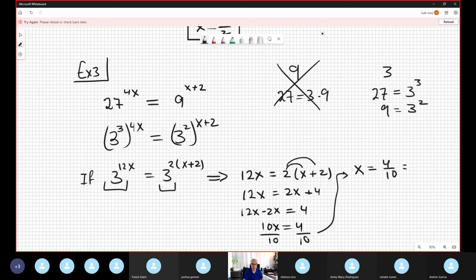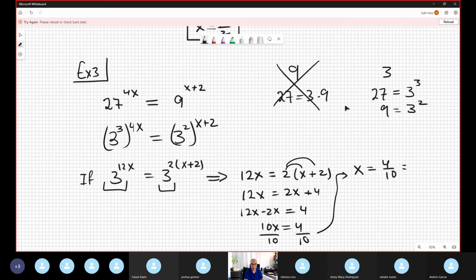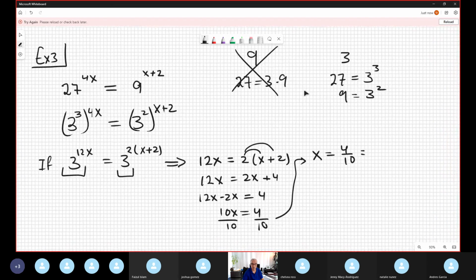In my test, maybe you leave it like that, no problem. However, Alex is picky. Remember, Alex is a robot. Alex doesn't understand this answer very well because you can reduce it. You see that 4 and 10 are even numbers, so you divide by 2: 2/5. And this is my beautiful final answer. Clear?